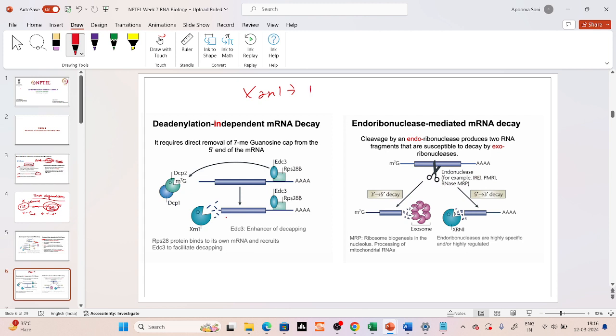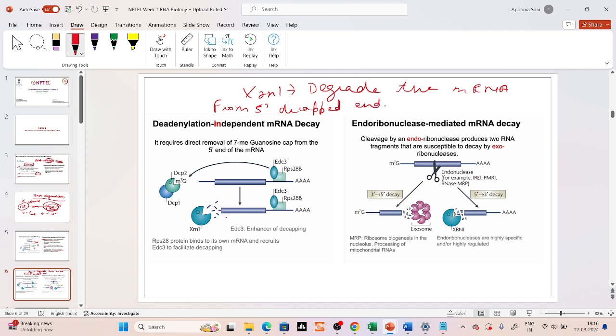Always remember this, that XRN1 will degrade the mRNA from 5 prime. Decapped end means the cap is removed.